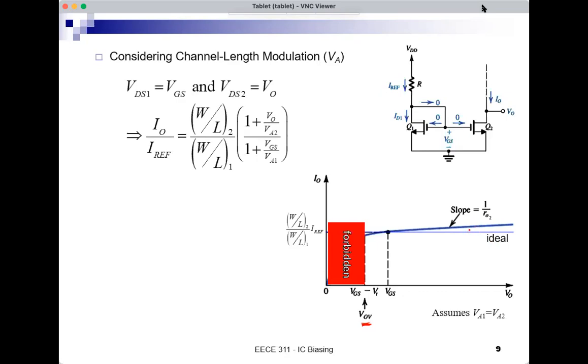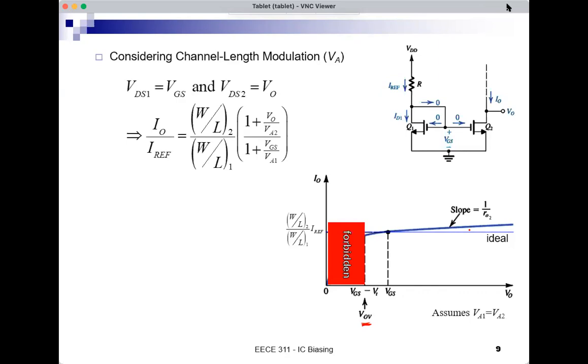So ideally, I would like to have no slope, no increase in IO whatsoever, but because of VA, I will get this increase. Now, one way to measure how far I am from ideal is to see how large the slope is. If the slope is very large, then I'm far away from ideal. If the slope is close to zero, then I'm close to ideal, and this is a pretty good circuit.